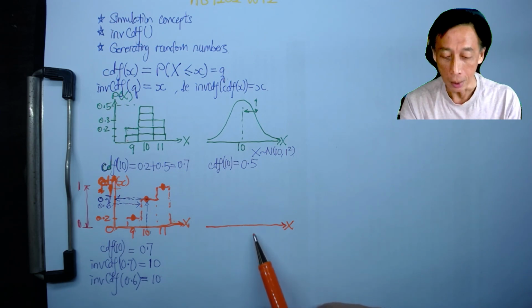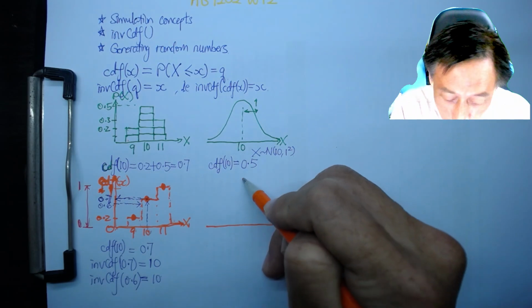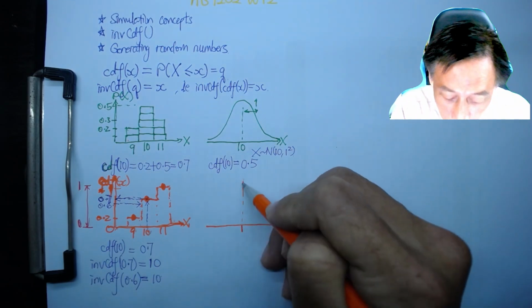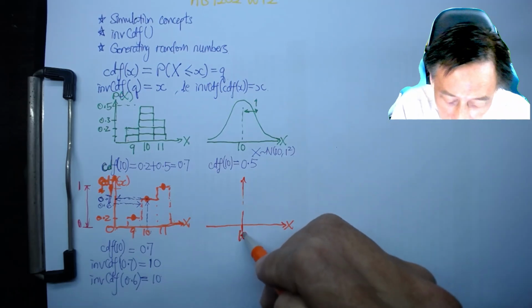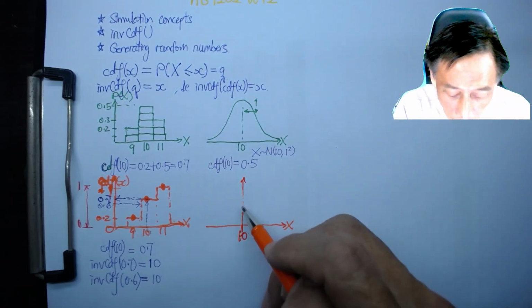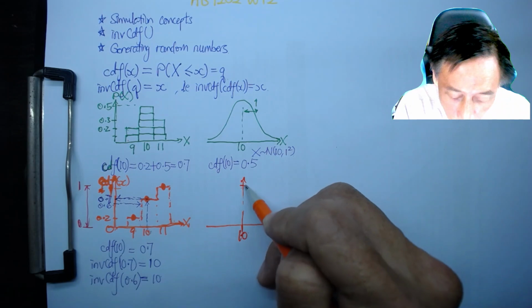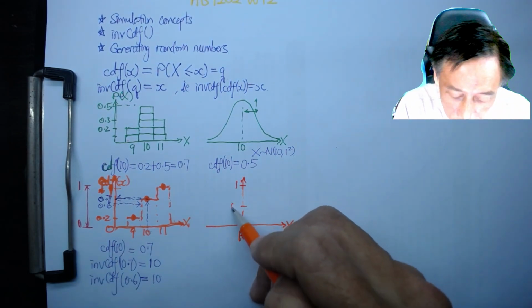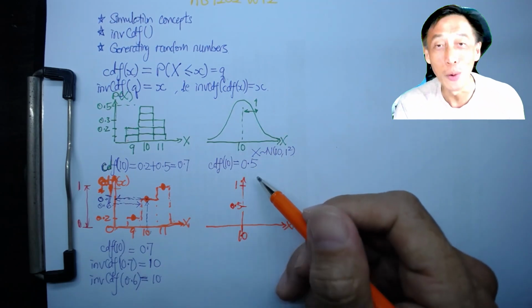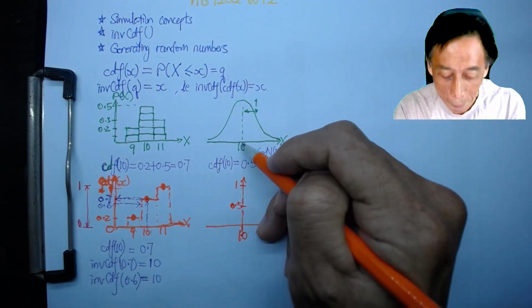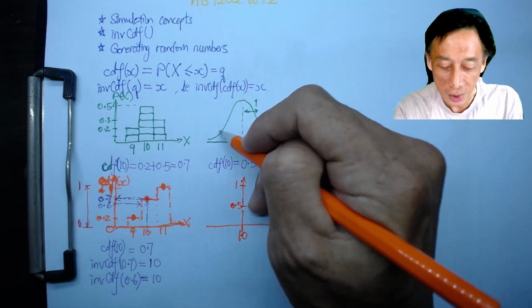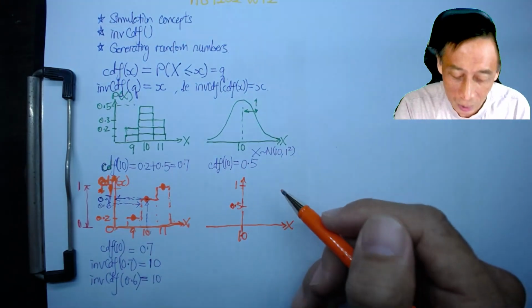So we will have to shift our y-axis now to be at the mean here, because at 10 we should reach 0.5, because we have calculated that, and also because we know our bell curve very well.